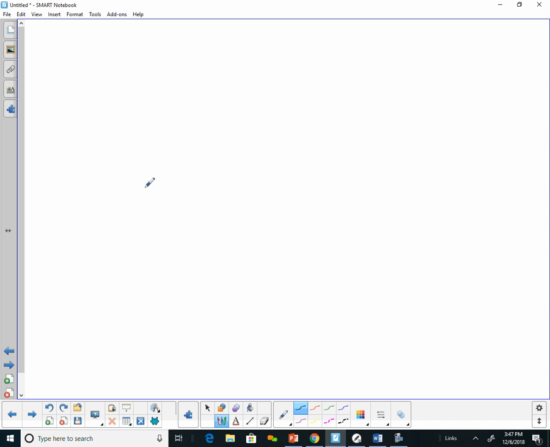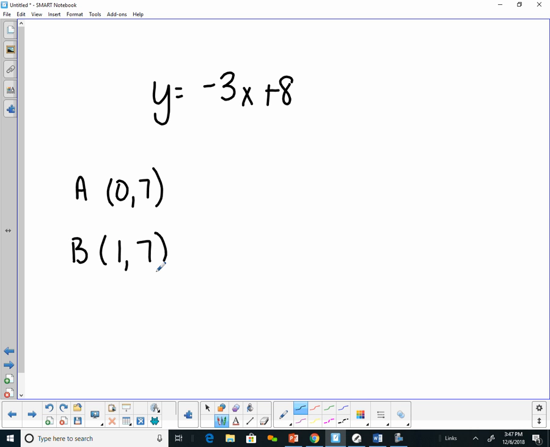Now, so what do we do when that's the case? So we may start with an equation y equals -3x plus 8, and then that gives me choices and says which of these points would be on that line. And so what we would end up doing is substituting in to see if it would work.